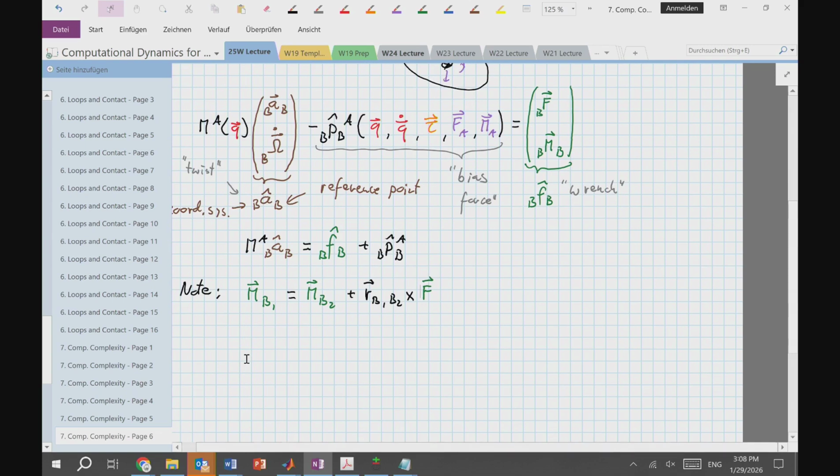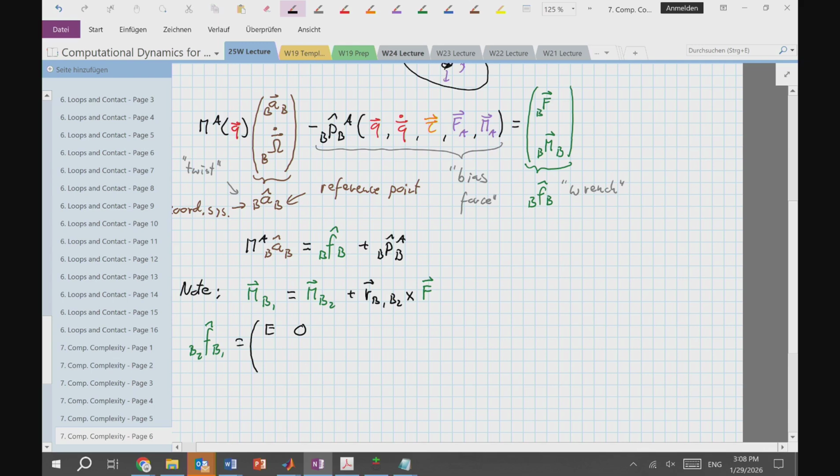Versatzmoment in German. So that means I can write, and now I have to be careful that I don't screw this up, let's write everything in B2 coordinates, but what I can write is that the spatial force about a point B1 can now be written as the following matrix.